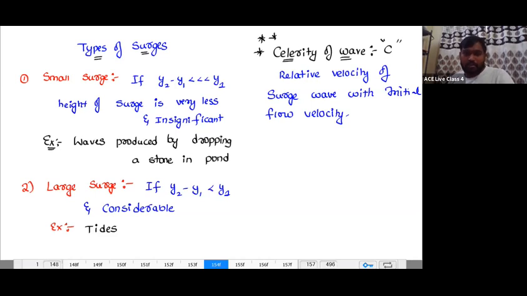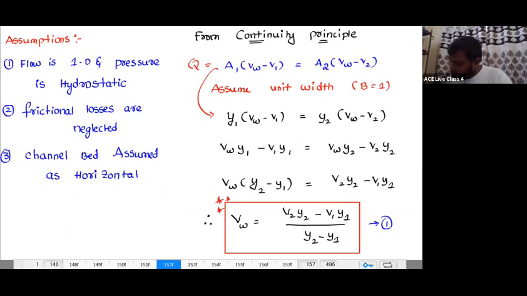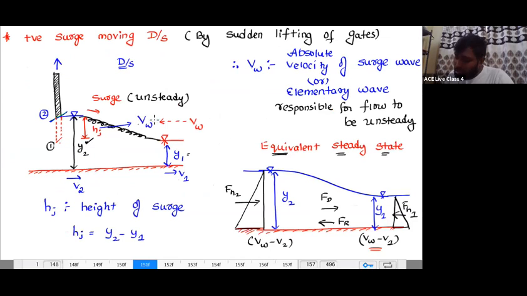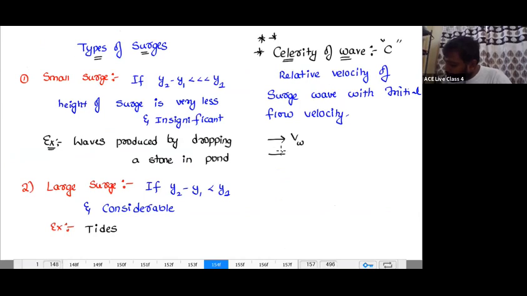Yes or no? So now in the case of the downstream side, you see this is a surge moving on the downstream. So the direction is VW and this is going to be the V1. Both are moving downstream or not? Both are moving downstream. This is not an imaginary velocity. This is the actual velocity of the surge wave. Then what is the relative velocity?